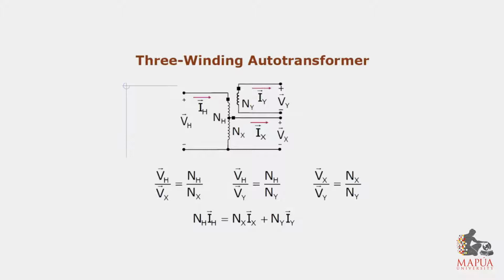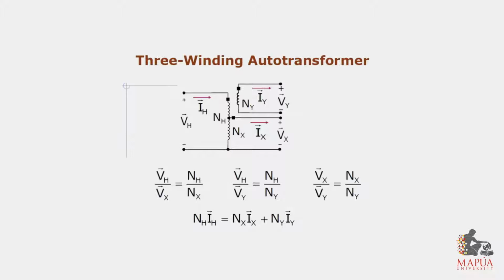VH over VX is equal to NH over NX. That is the proportionality of the voltage to the number of turns. Similarly, VH over VY is equal to NH over NY, and VX over VY is equal to NX over NY.